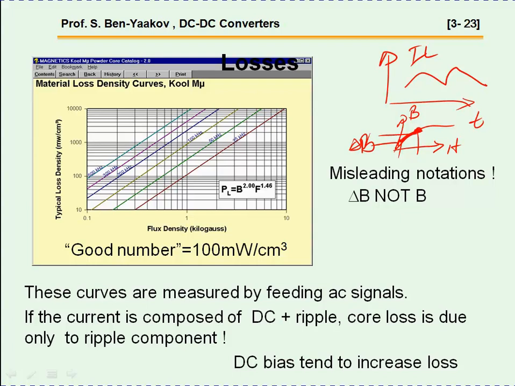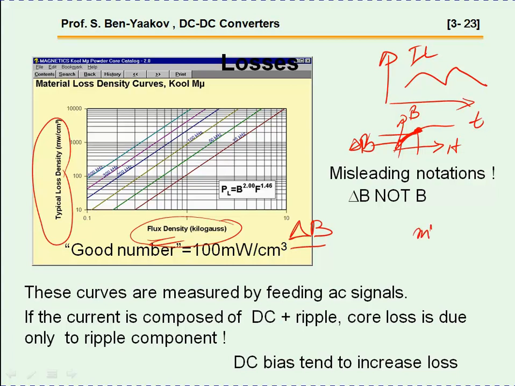So the curve we have here is, on the one hand, the flux density. This is not flux density, by the way. This is delta B. That is wrongly labeled here. And loss.